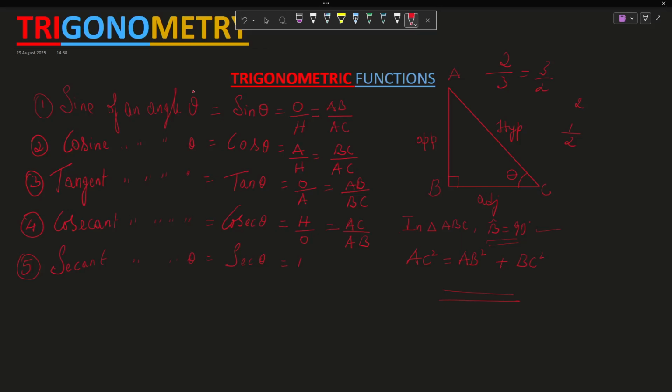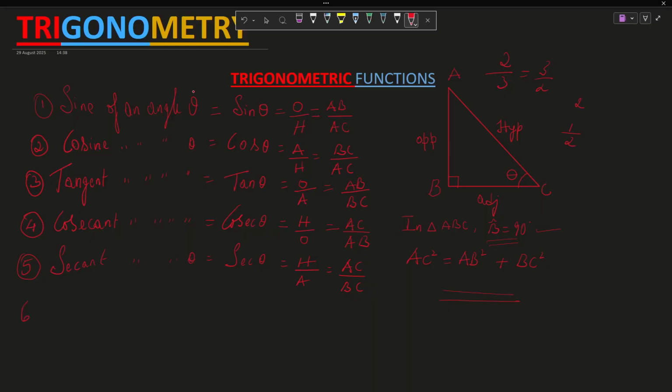Sec theta is going to be hypotenuse side divided by adjacent. So here cos theta was adjacent by hypotenuse, sec theta is going to be hypotenuse by adjacent. Again, hypotenuse is AC divided by adjacent side BC.